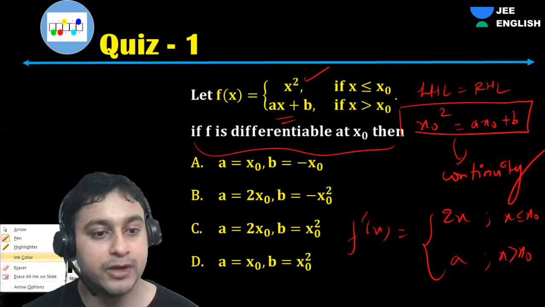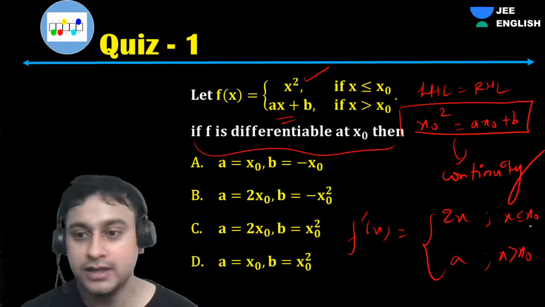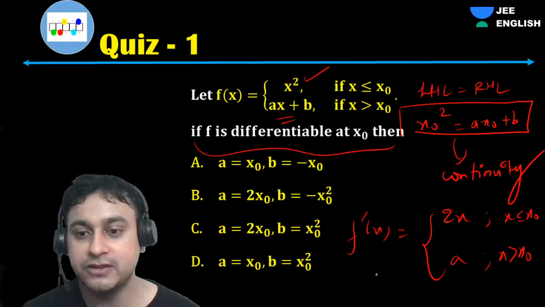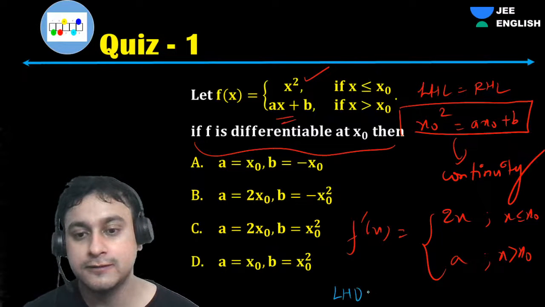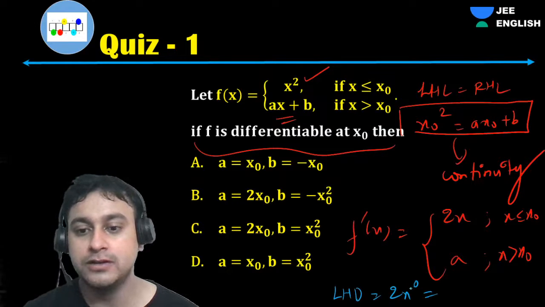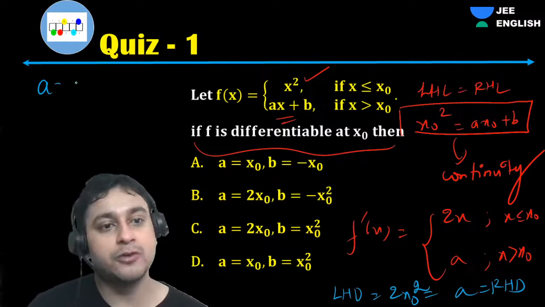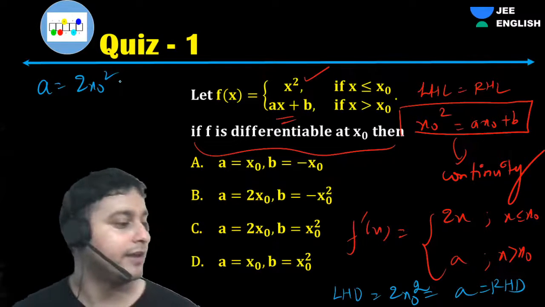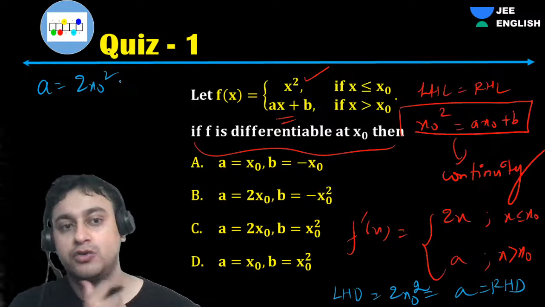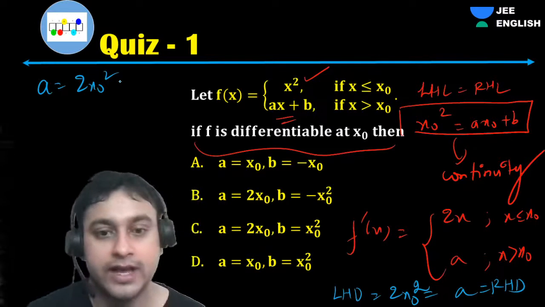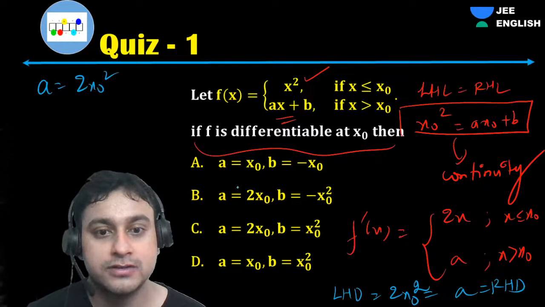So you just put x as x naught directly. LHD will be 2x naught, and that is nothing but my RHD, which is a. Got it? So a has come out to be 2x naught.